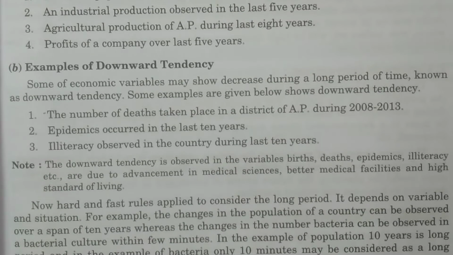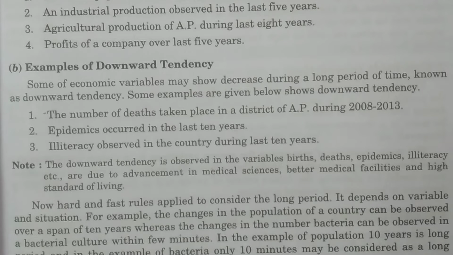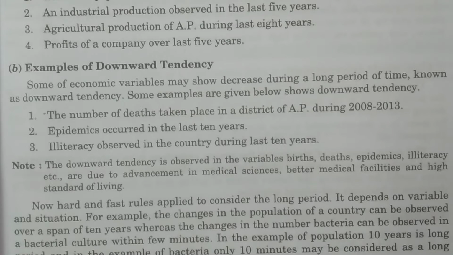Okay, so these are some particular variables, and the changes can be identified and recognized over a long sequence of period. Over a long period, we can observe the variation. For example, agricultural production: the variation can be observed over a long period. For every month, we cannot observe the variation in the agricultural production data.